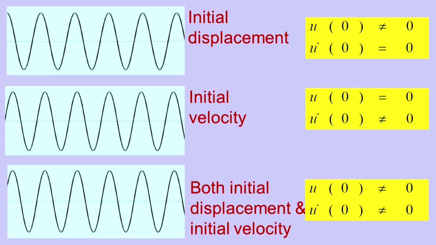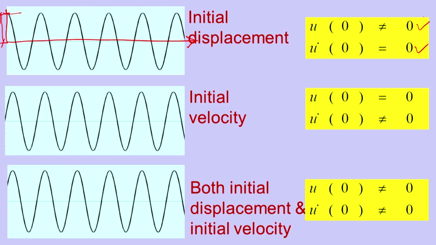Again, as you can see here, at time t equal to 0, this is the time scale, the initial displacement has some non-zero value, but the tangent is horizontal to the x-axis, which means the initial velocity is 0.